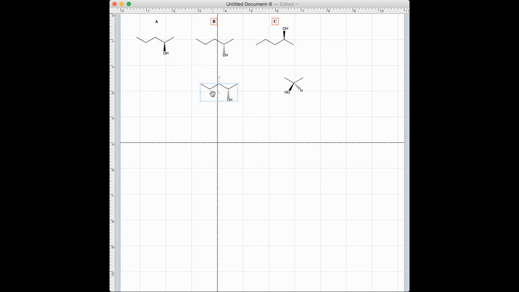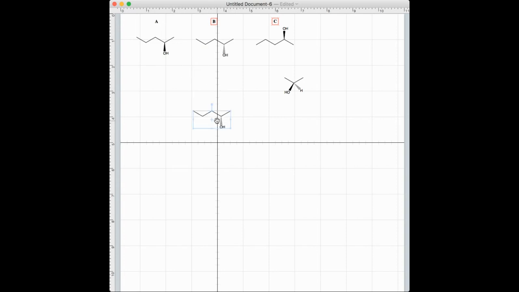So are these two compounds the same compound, or are they different compounds? What do you guys think? If I superpose them and they don't match, they must be different compounds. They are stereoisomers.